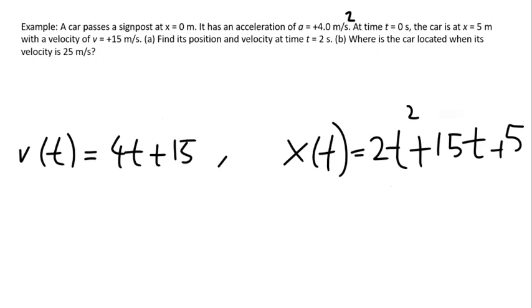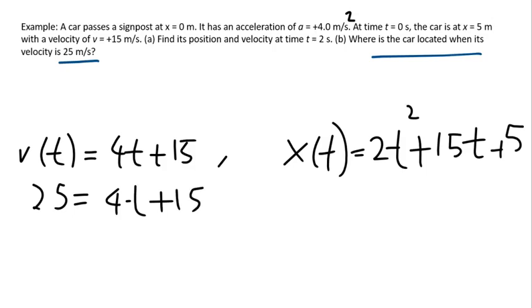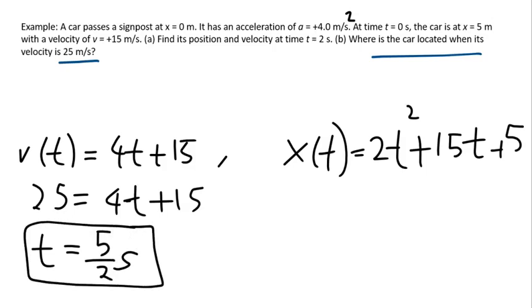Now part B, where is the car located when the velocity is 25 meters per second? So first we need to find the time for which the velocity is 25 meters per second. So that can be determined by using the first equation here. So you see that you get 5 over 2 seconds for the time when the velocity is 25 meters per second.